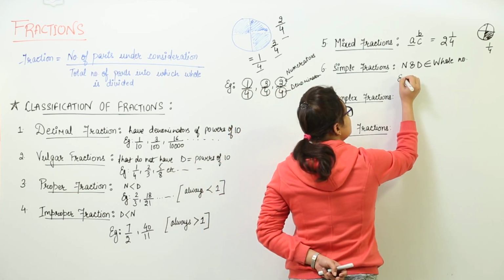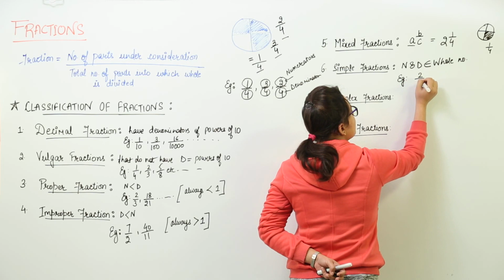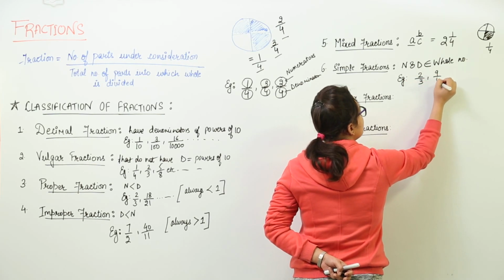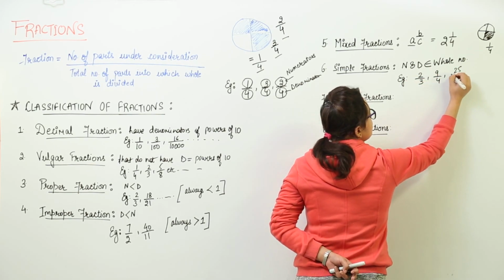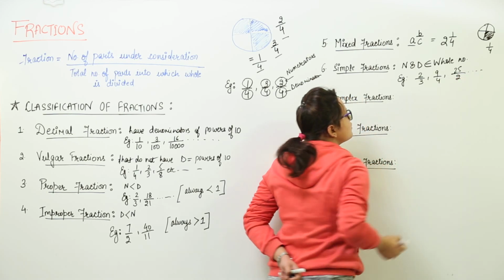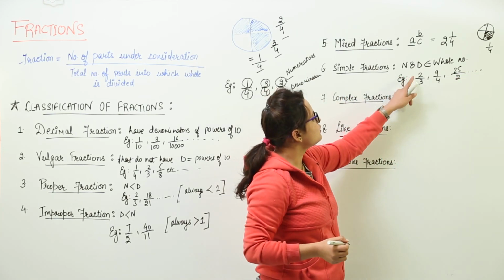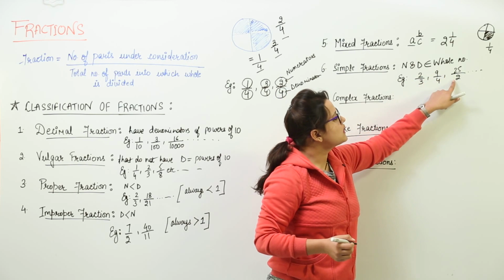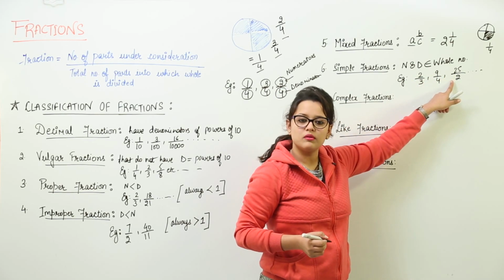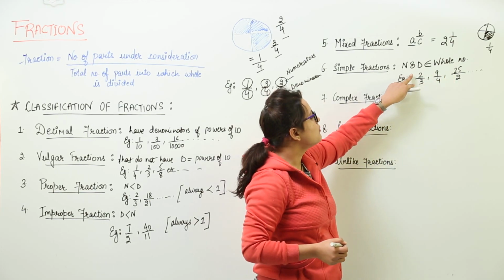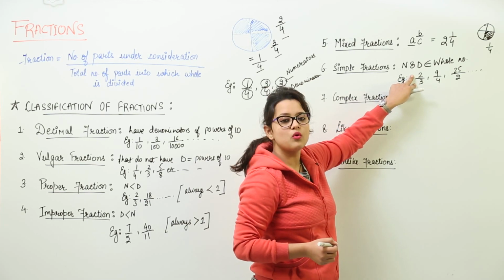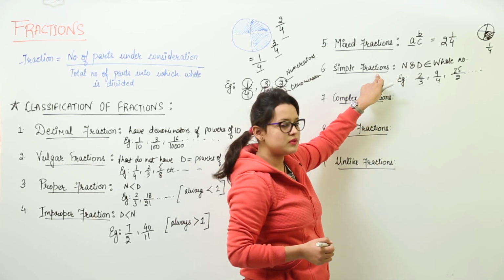Say for example, let's take 2 upon 3, 9 over 4, 25 over 2 or anything, right? But here you can check your numerator and denominators, both are in the category of whole numbers. So such fractions in which both numerator and denominator are whole numbers will be known as the simple fractions.